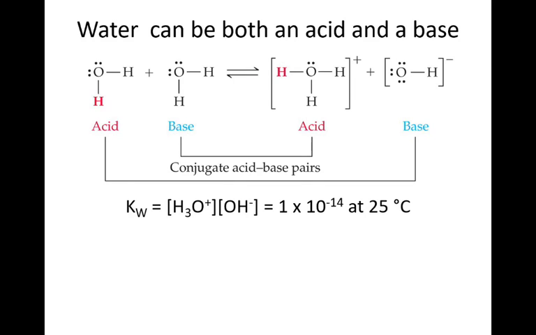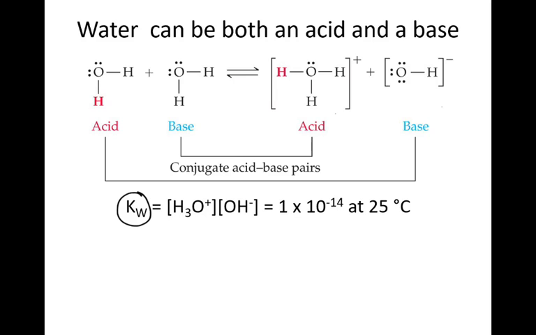And we can represent the equilibrium here using this equilibrium constant expression. So we see that we have products over reactants. So we've got H3O plus and OH minus, each raised to the first power. But we don't have liquid water on the bottom because it's a pure liquid. So this equilibrium constant expression is so special. We use it so frequently that we give it a special subscript, Kw.